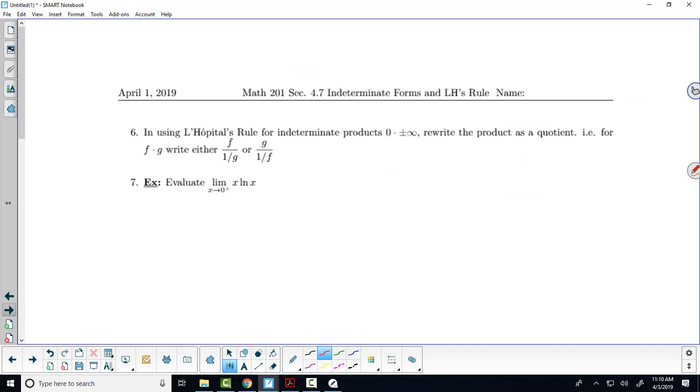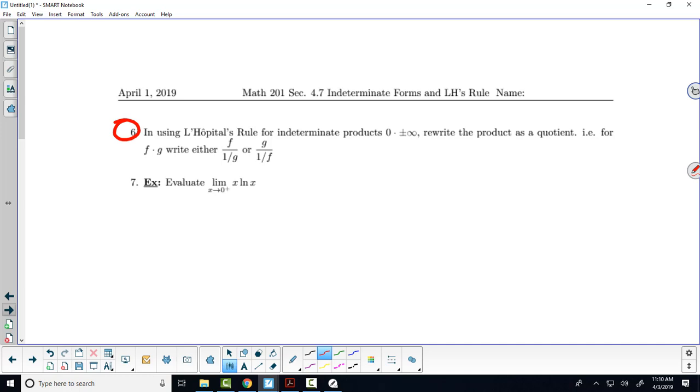Okay, next page. All right, so the rest of this is how do we apply L'Hopital's Rule to some other indeterminate forms? Sometimes I'll do a couple of examples, sometimes I'll just do one, but I always give you the steps. Suppose you have the indeterminate form 0 times infinity. One expression's approaching 0, and usually 0 times anything is 0. But the other expression's approaching an arbitrarily large number, and something times an arbitrarily large number stays arbitrarily large.